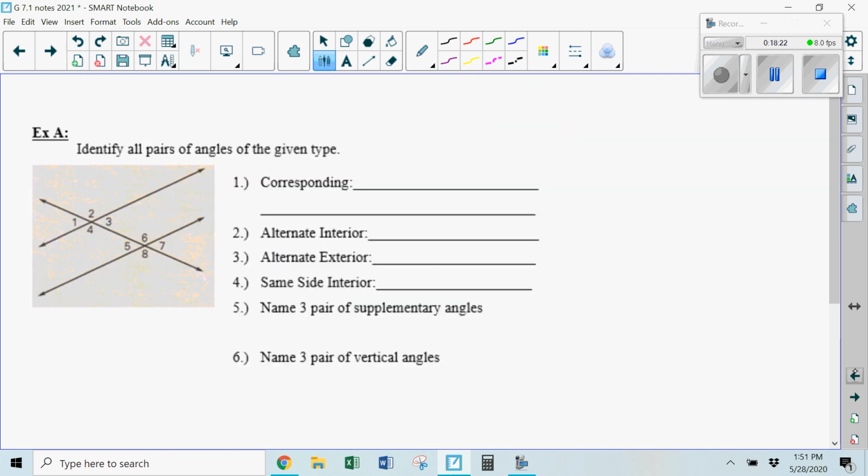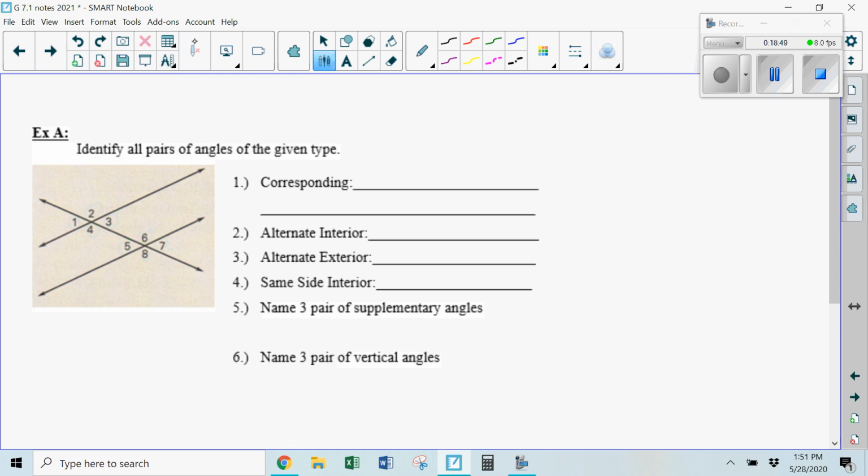Okay, so pause the video and go through these. All right, your answers. Identify all pairs of angles with the given type. Corresponding: I'm just going to say the answers instead of writing them. 1 and 5, 2 and 6, 3 and 7, 4 and 8. Those are corresponding.